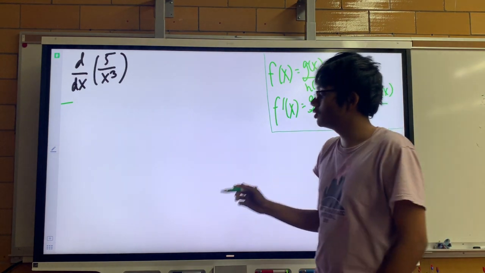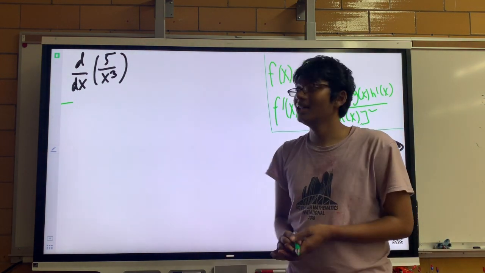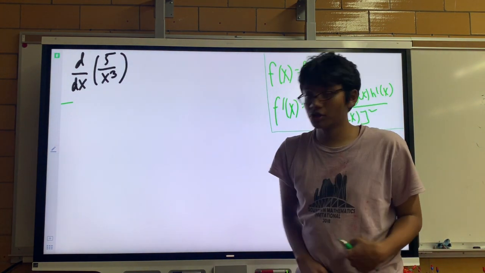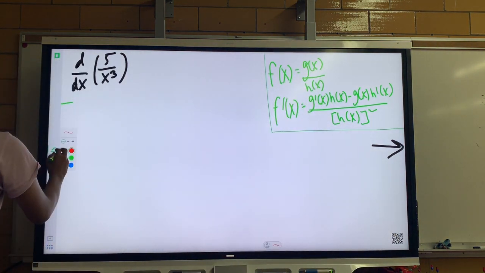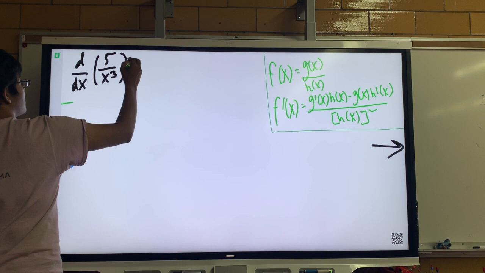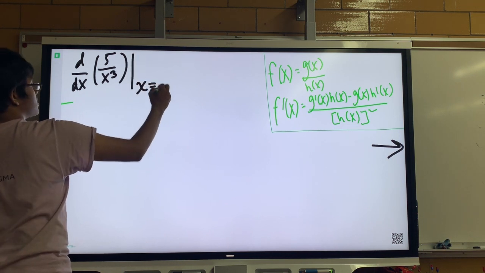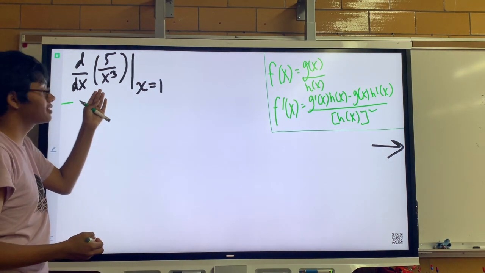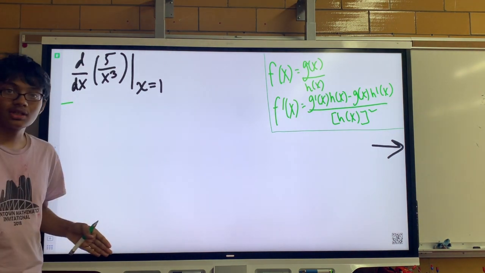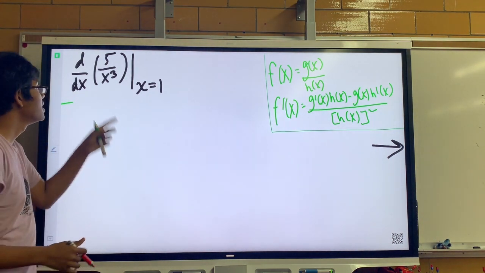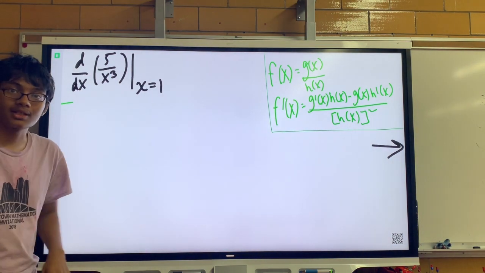But today I'm going to show you how we can find the tangent line to this function at x equals 1. This question is basically saying find the equation of the tangent line at x equals 1 for this function, 5 over x cubed.